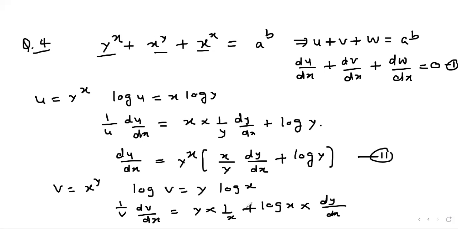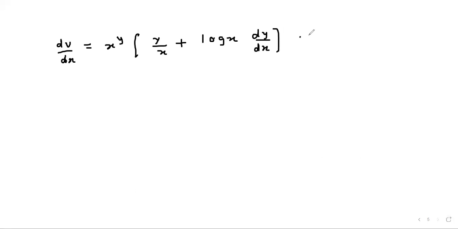So dv upon dx will be x power y upon x plus log x into dy by dx. Suppose this is equation number 3.